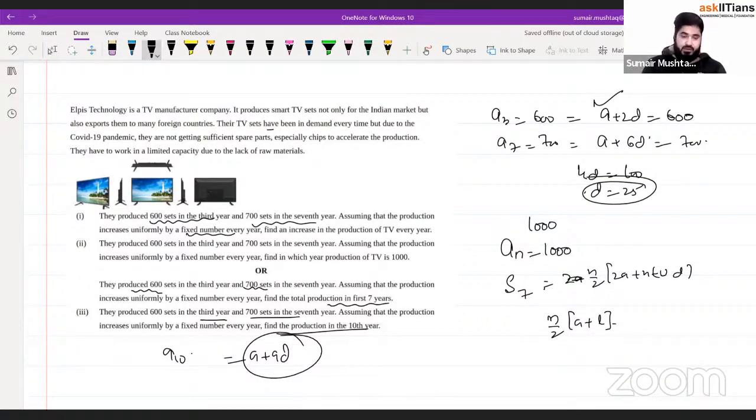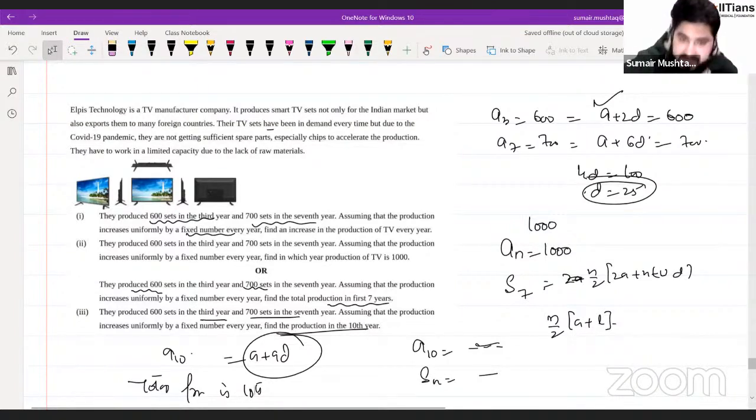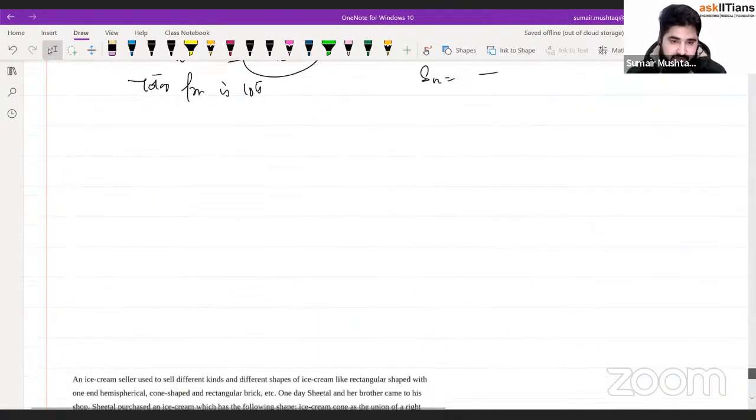Every person in your mocks has found, let us suppose, A10 is equal to some number and Sn is equal to some number, but they have forgotten to write at the end the total production in the 10th year. Whatever is being asked, you need to mention that at the end, that this is what I got. So don't forget to write that at the end, because that is really necessary, as it tells you what you are actually trying to find.